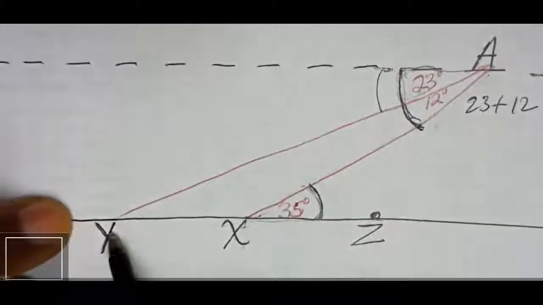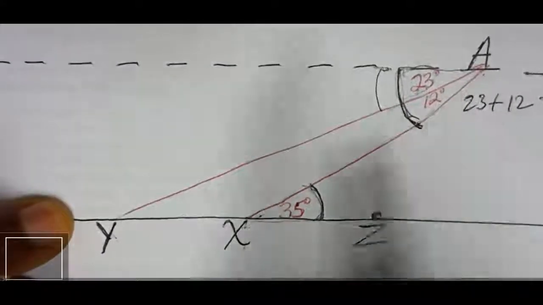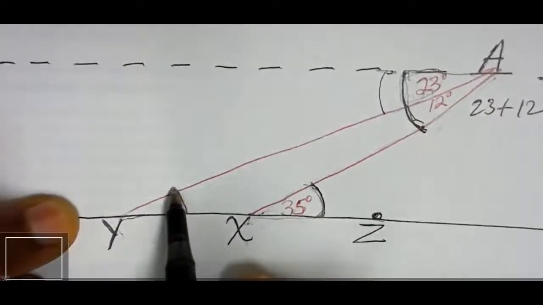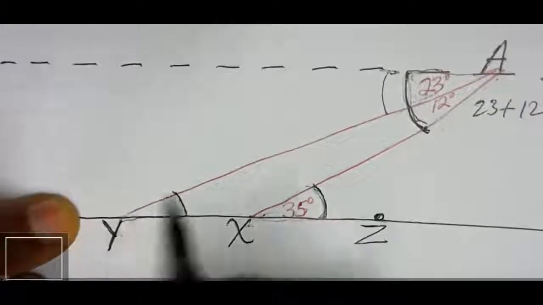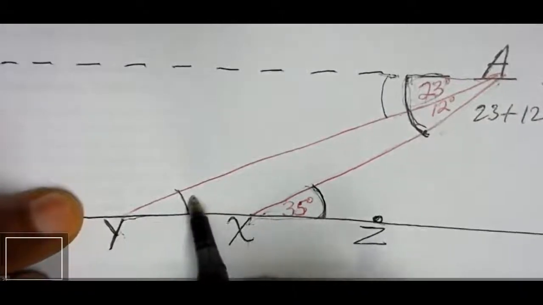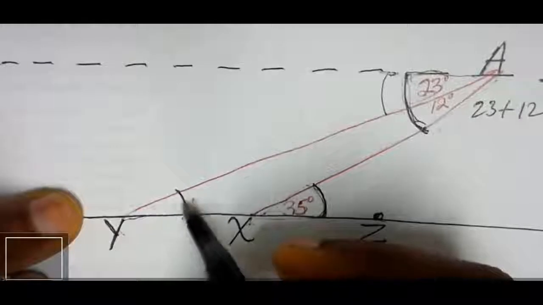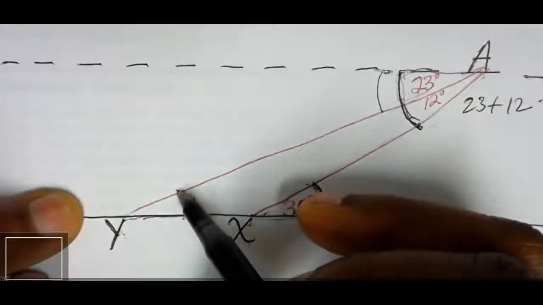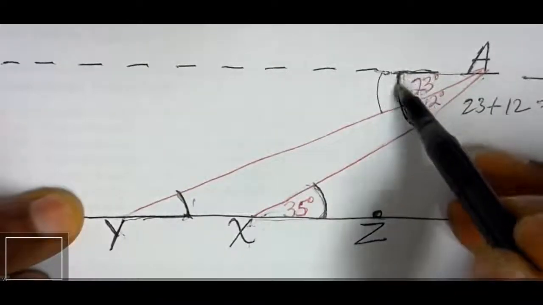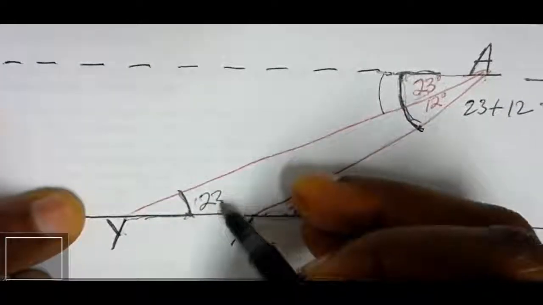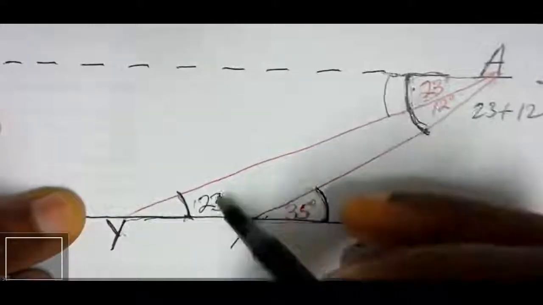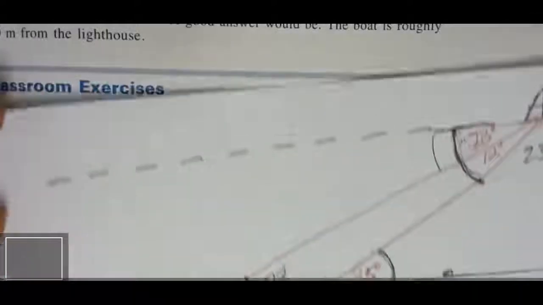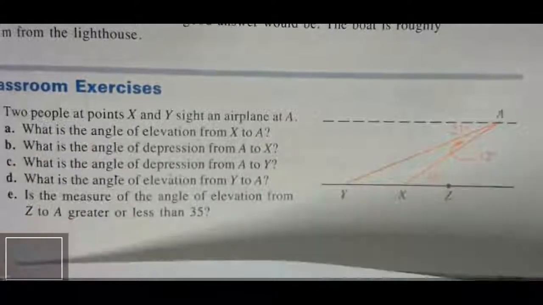We start from the horizontal and draw our line until we touch line YA. So what angle do we have? Both of them start from the horizontal line and touch AY, so it's going to be 23 also, because they are alternate interior angles, they are equal. Okay, see how that knowledge we learned in chapter 3 comes to play.